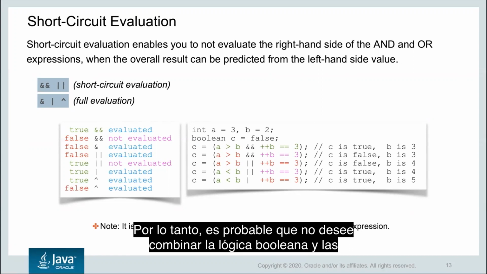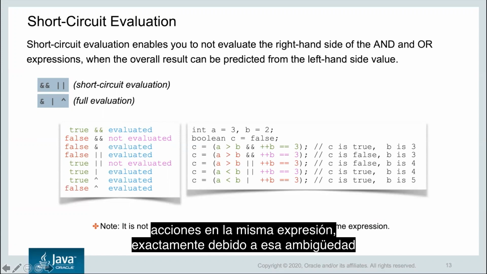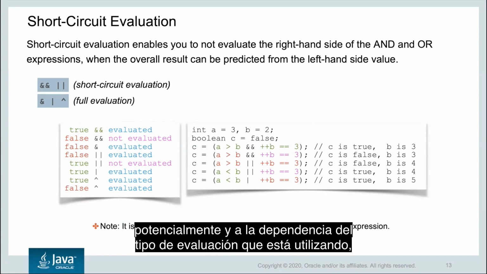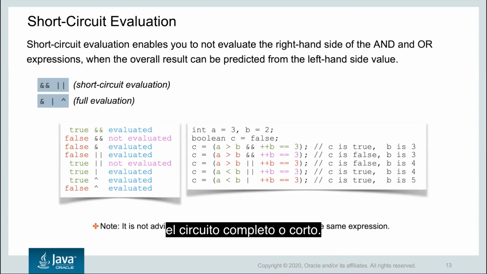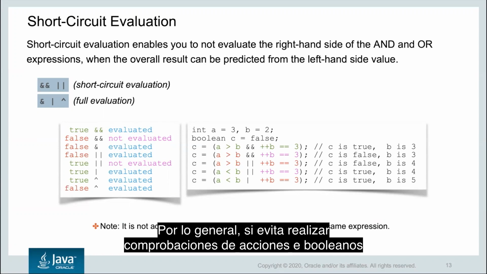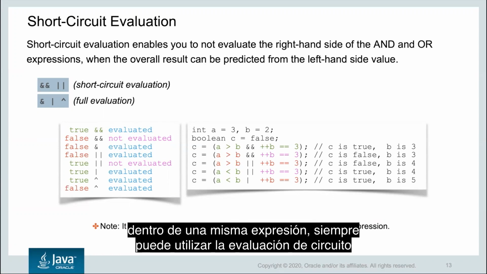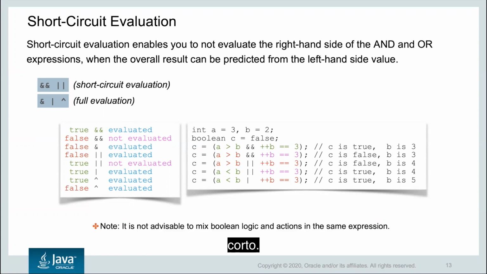So the general idea is that you don't want to mix Boolean logic and actions inside the same expression, precisely because of that ambiguity potential and dependency on the type of evaluation you're using, full or short circuit. And if you avoid doing actions and Boolean checks inside the same expression, then you can always use short circuit evaluation.